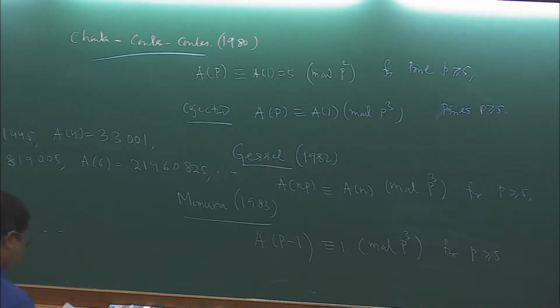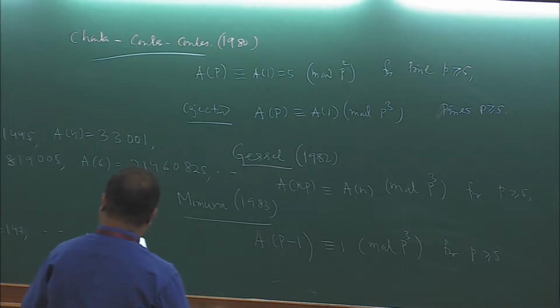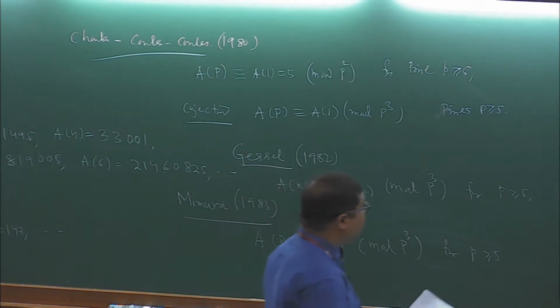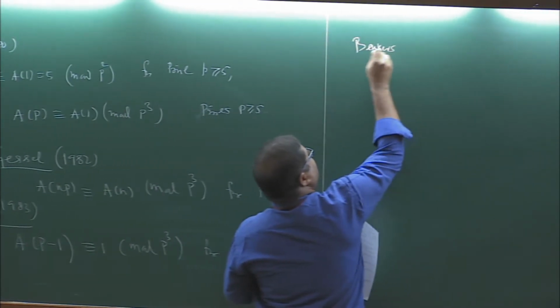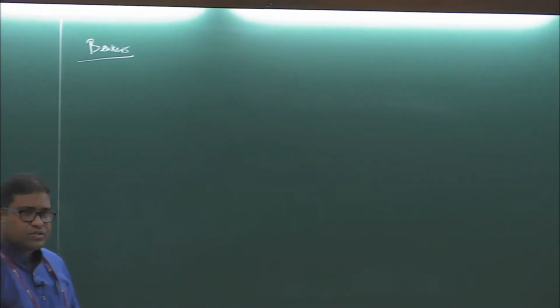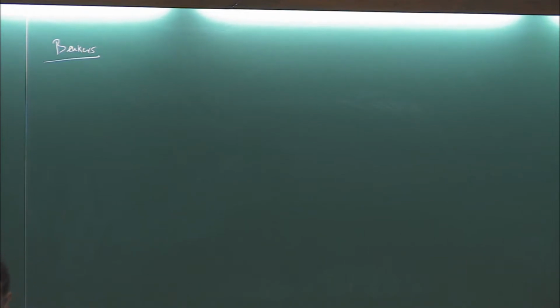So after this proof of Apery, Beukers was interested in how these numbers work.